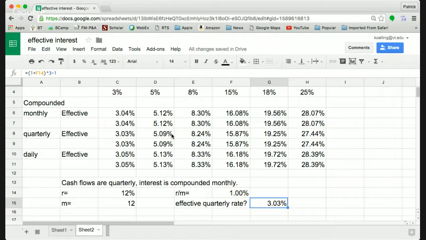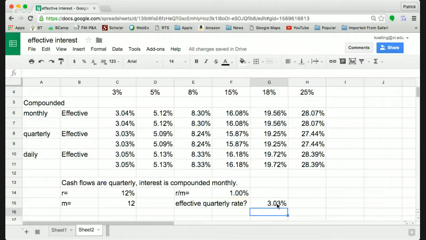So what we used here is the effective annual interest formula, except the only difference is this exponent right here. Whereas before, this exponent would have been 12 because we were looking for the effective annual interest, and there are 12 months in a year. If we're looking for quarterly interest, there are 3 months in a quarter, so the exponent is 3.